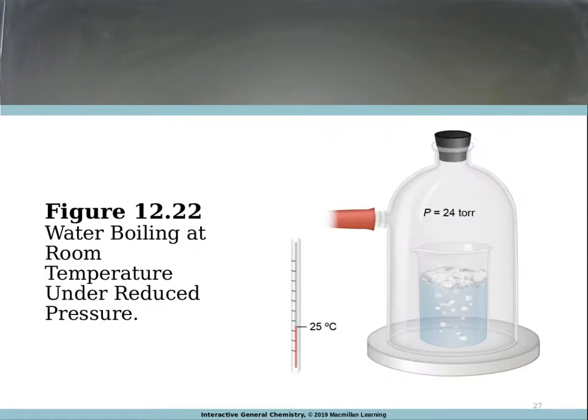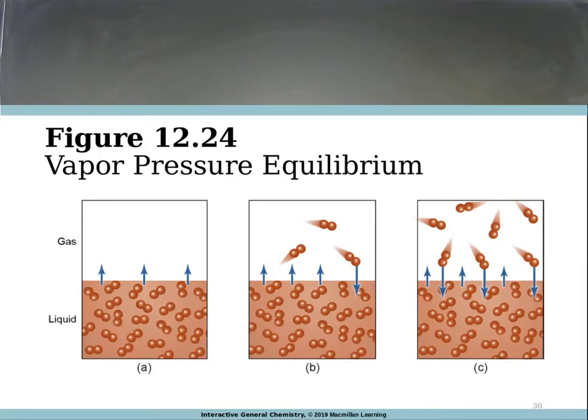Sorry, there's another figure that I wanted to show you. There it is. It's pretty far along. Another way to think about vapor pressure is that, like we've talked about, the liquid molecules will have some small fraction of them that are capable of escaping into the gas phase.